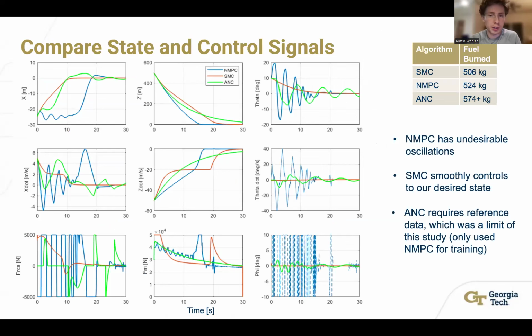So here is a summary of our results. We have the three states plotted, their rates, and then our three controllers. You can see on the right here, our big performance metric was the amount of fuel burned. SMC burned the least amount of fuel, with ANC burning the most.